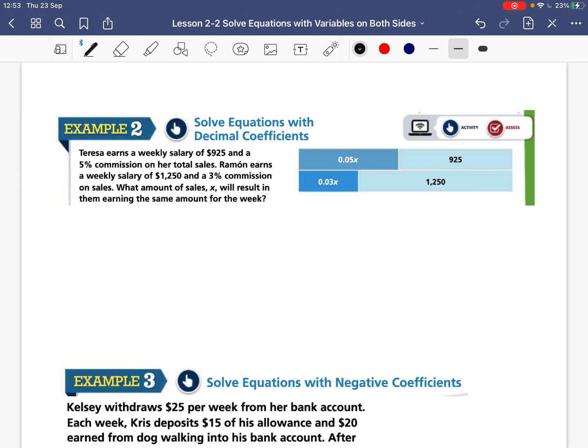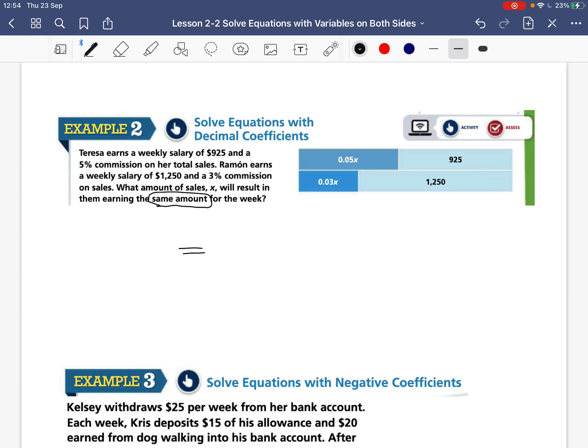Teresa earns a weekly salary of $925 and a 5% commission on her sales. Ramon earns a weekly salary of $1,250 and 3% commission on sales. What amount of sales x will result in them earning the same amount? That tells us it is the equal sign. They will be equal to each other.